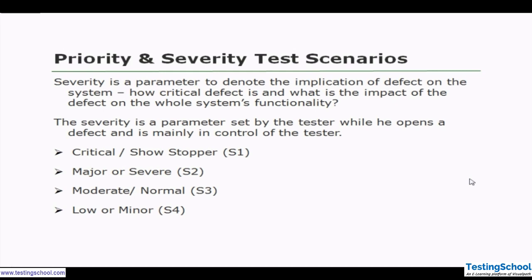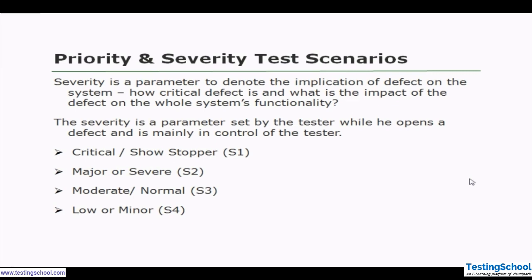So priority is set by the developer and severity is set by the tester. The severity levels are critical, major, moderate and low. So severity says what is the impact of this defect on the particular application.